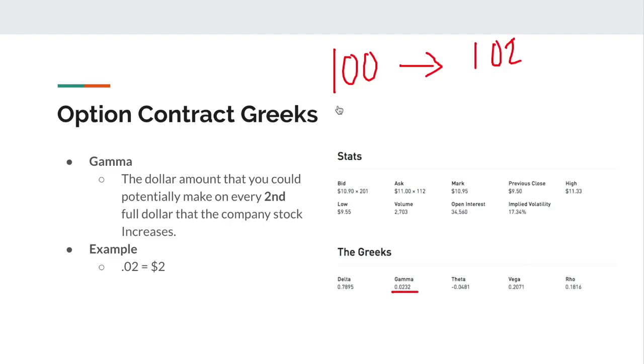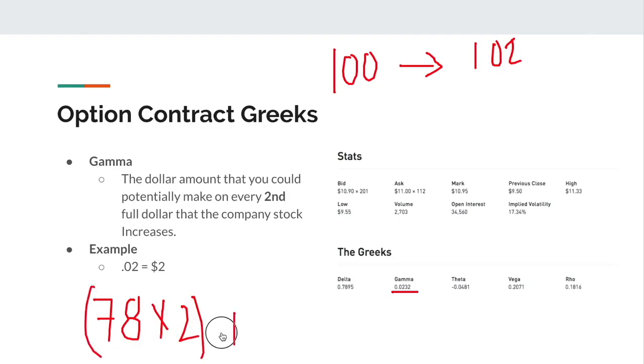So if a stock goes from 100 to 102, you've gained delta because it's moved up $1, but it's moved up $2, so now you've gained delta times 2, plus gamma, which in this case, if you multiply this by 100, is $2.